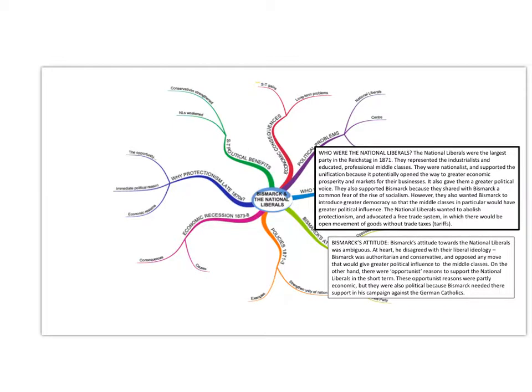Okay, so we've covered the first two strands. So the next strand is Bismarck's policies, okay, 1871 to 1873.